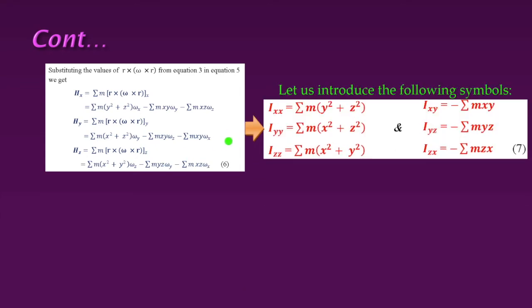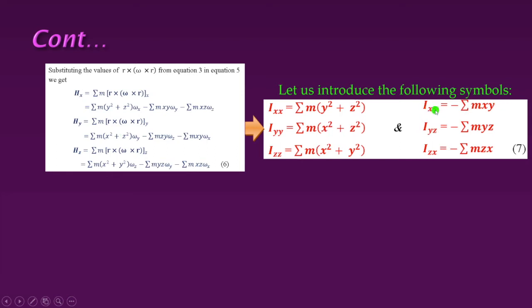Now let us introduce some terms here. This summation of m into x square plus y square plus z square equals Ixx, this quantity equals Iyy, and this equals Izz. If this has x and y, then it is Izz. Here x and z are there, so it is Iyy, because y is not there. Omega y is there, but in the position coordinate y is not there, so it is the y coordinate.